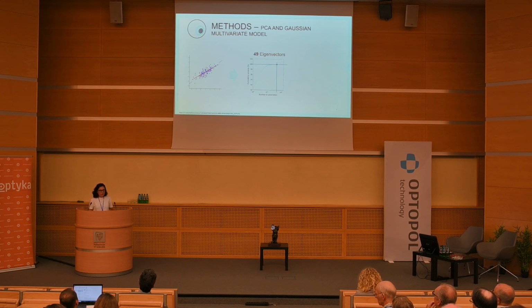These 49 eigenvectors maintain the variance of 99.95% of the original data, and the rest of the data were for higher order wavefronts.